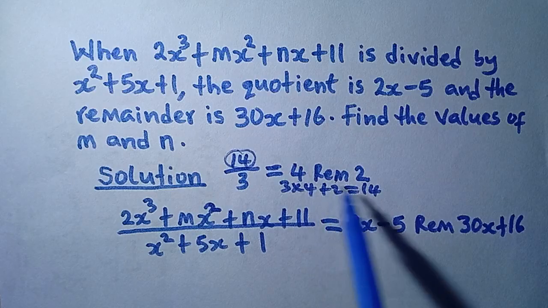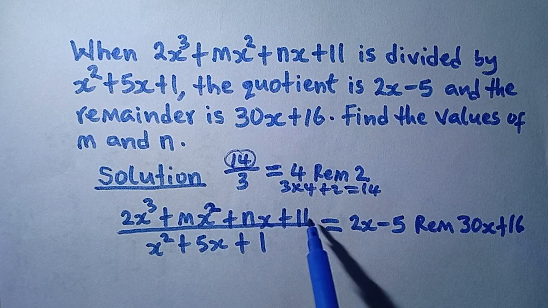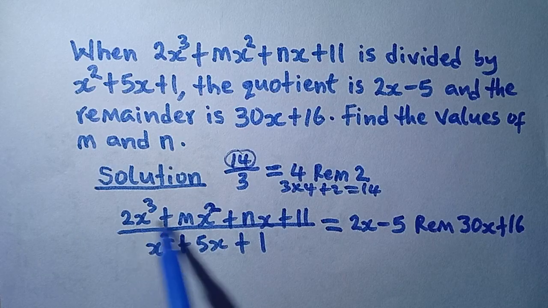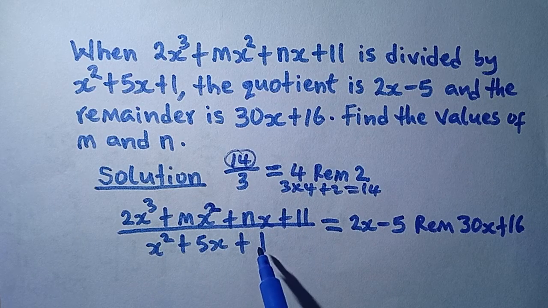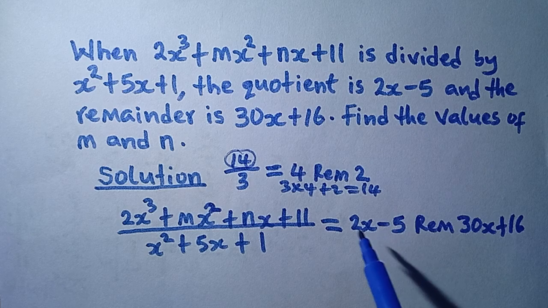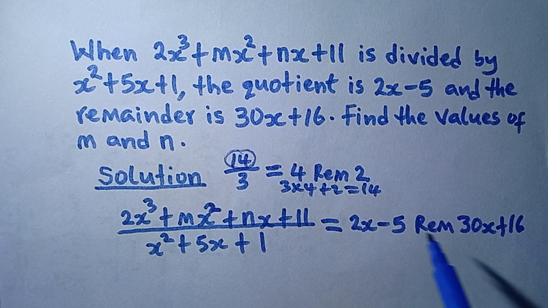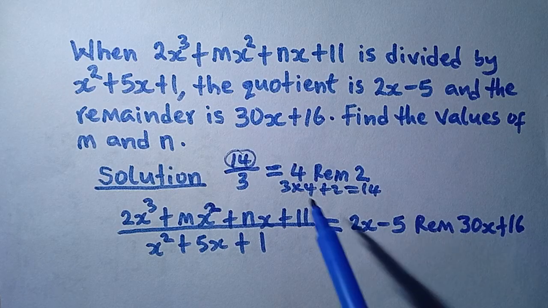In this same manner, for us to get the expression at the top, we take the denominator, the divisor, multiply it by the quotient, and then add the remainder, just as we did here.